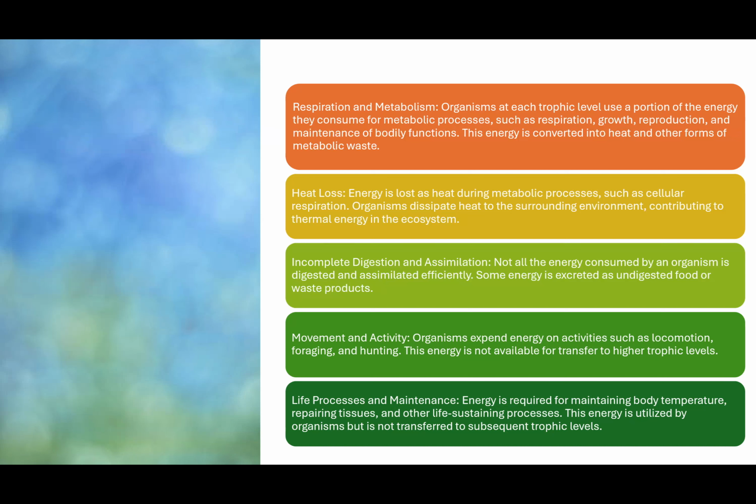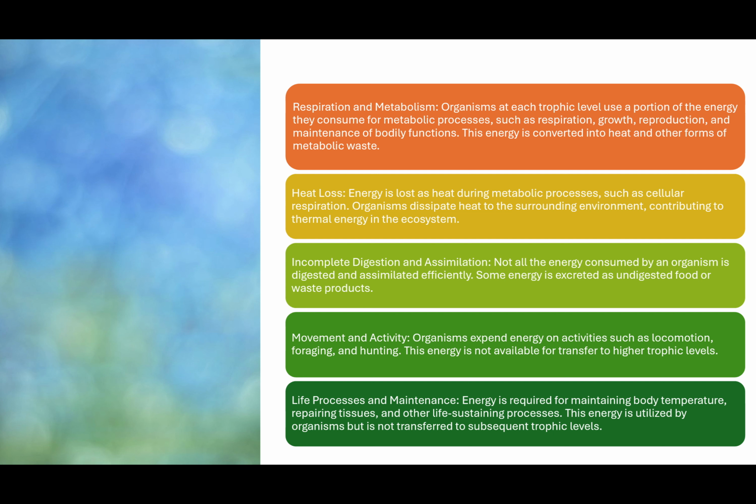We also have movement and activity. Simple locomotion within our bodies uses energy, ATP, for the flexion of the different joints. Locomotion, foraging, and hunting: when organisms do these things, they lose energy. We also have general life processes and maintenance, like maintaining body temperature and repairing tissues.